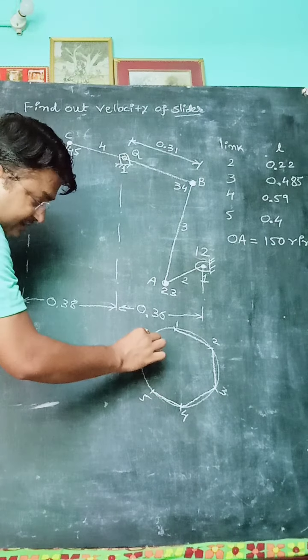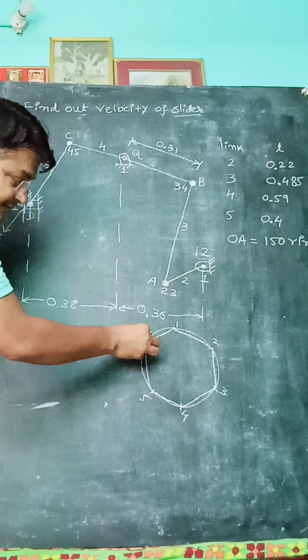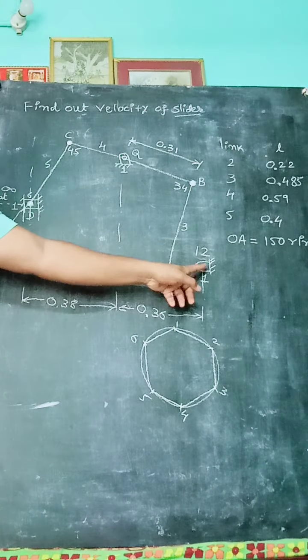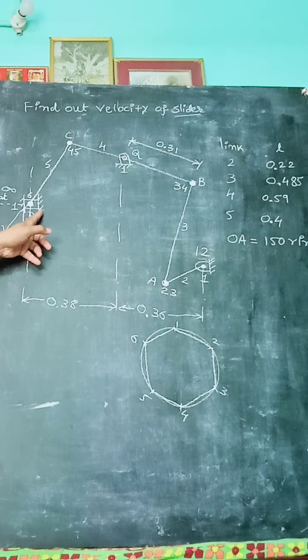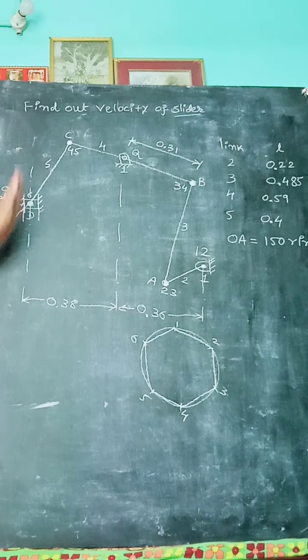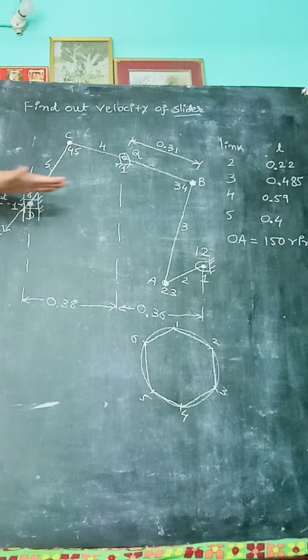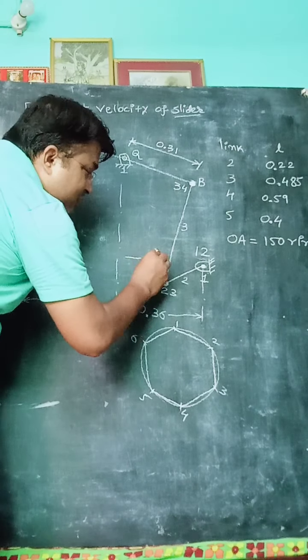So 5 6 is available, but obviously 1 6 is at infinite. Link number 1 is fixed, and link number 6 is the slider, so instantaneous center 1 6 is at infinite. So we can draw 1 6 here as well as here also.